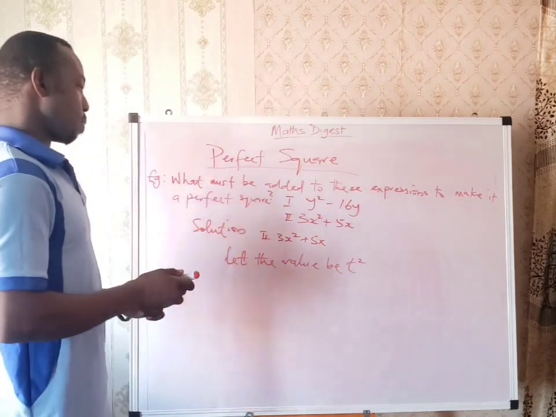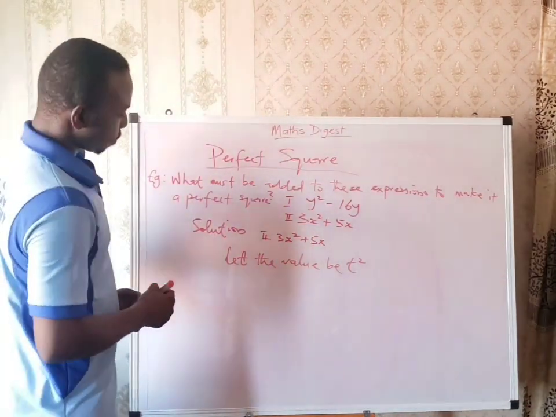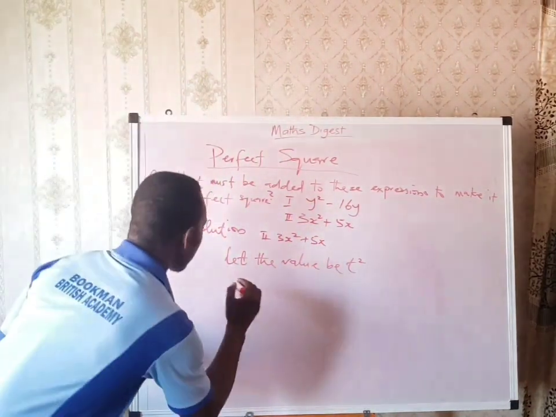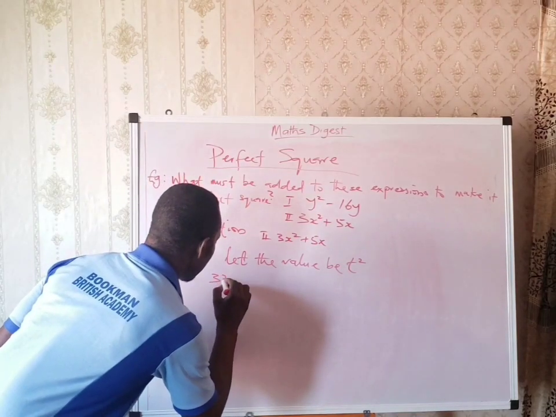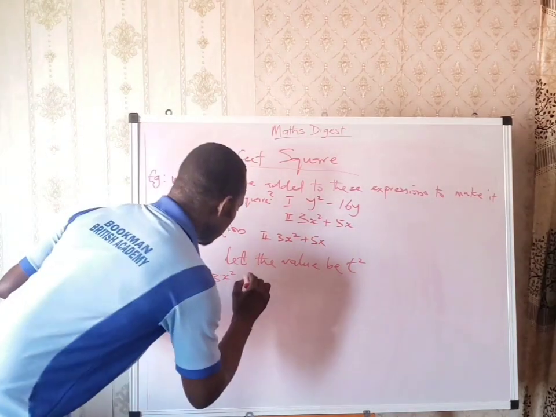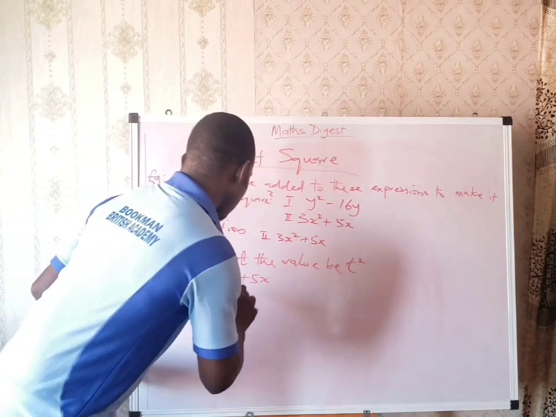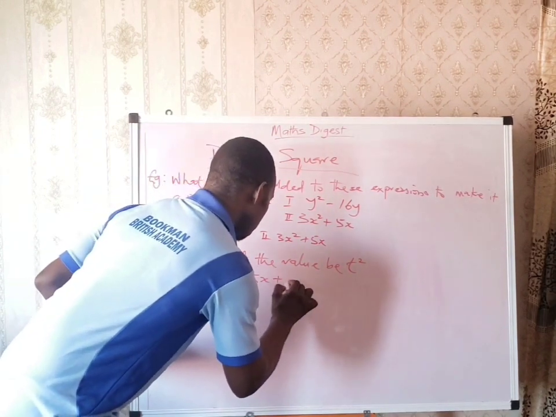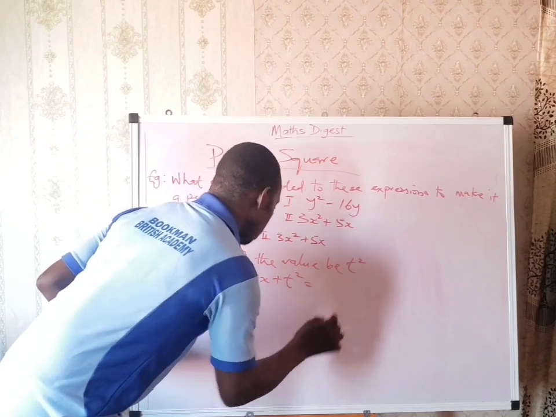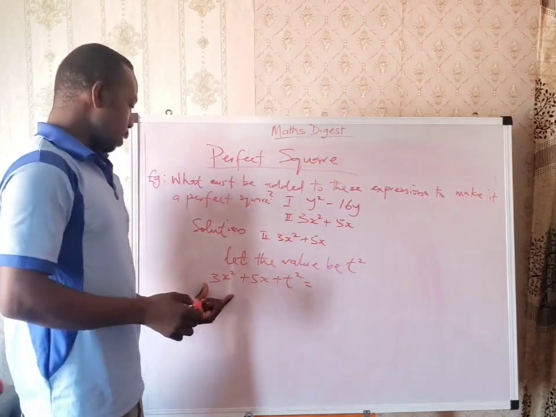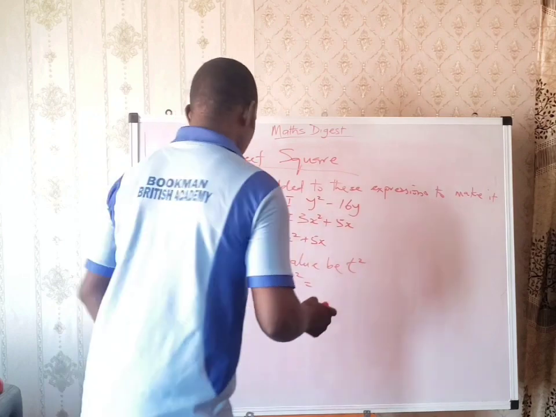Now we say 3x squared plus 5x plus t squared equal to, we are also going to take this and this outside the bracket again.